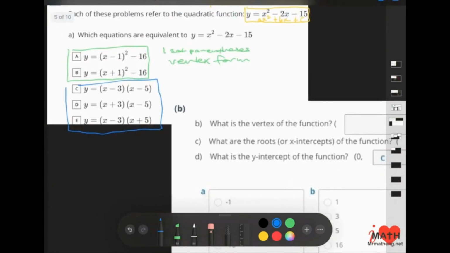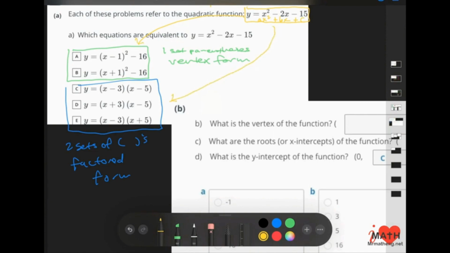It has 2 sets of parentheses. So that is factored form. Okay, so what does that mean we have to do? We first have to transform the yellow into the green, and then try to see if I can do it by colors. Yellow to green, okay, and then yellow to blue.